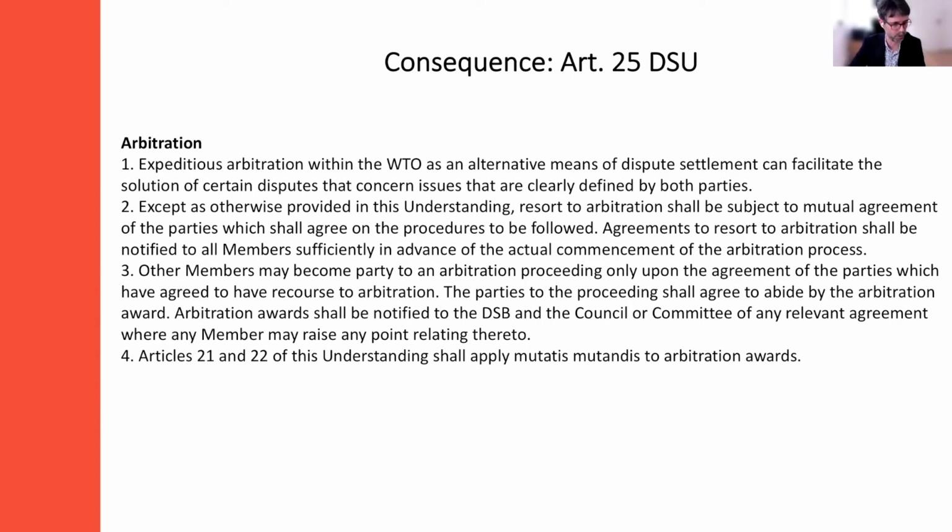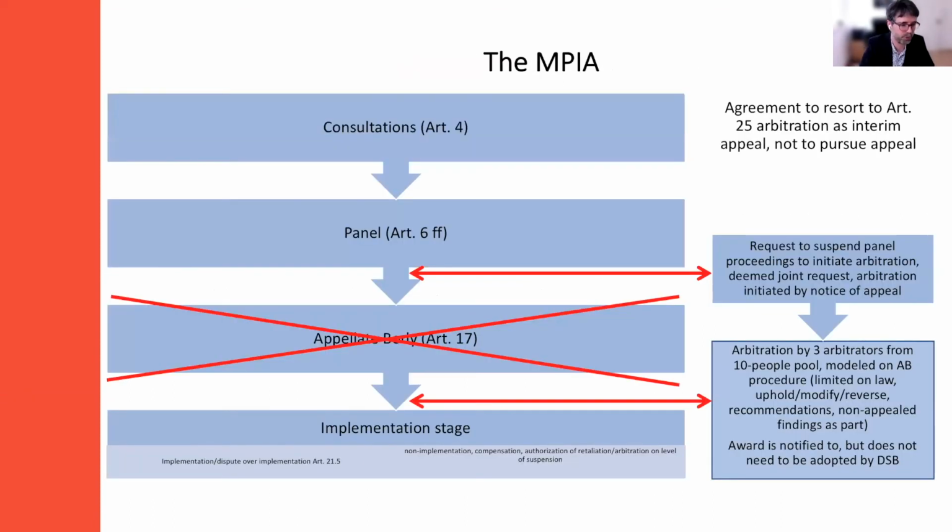When you use arbitration, that's para 4, you still get into the same enforcement procedures at the very end of the arbitration. It's just that you don't enforce a panel report, but an arbitration award. So what the EU did was formulate an arbitration procedure that replicates almost exactly the appellate body procedure with some slight twists.